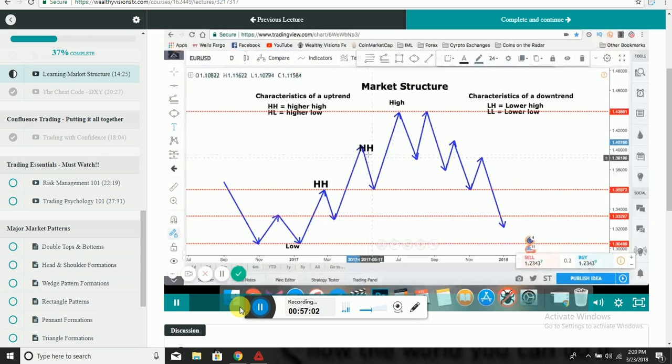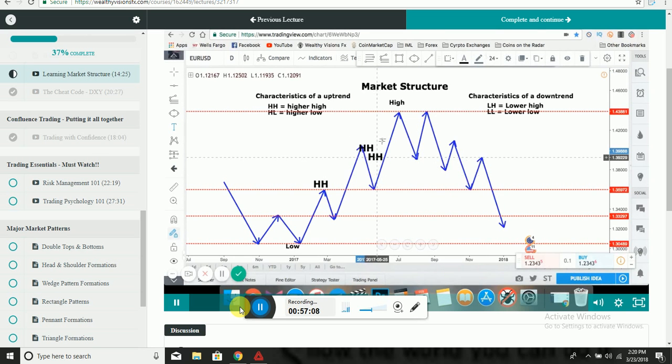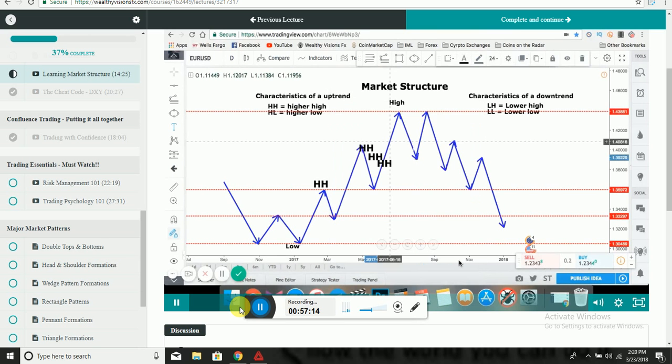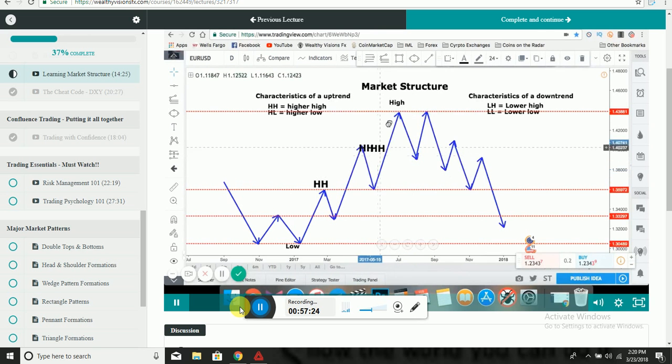Again. All right, so we got one high, two highs, and then we got the ultimate high again.